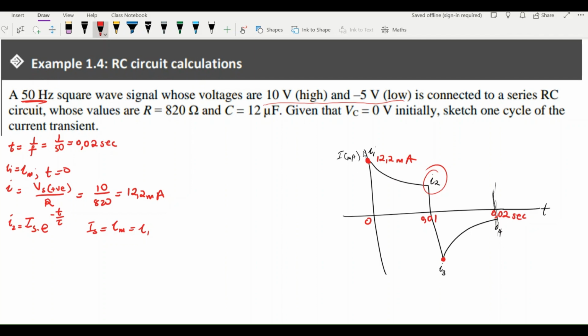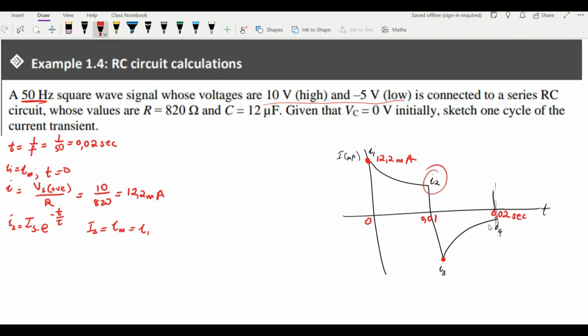That is our starting point. Remember, I1 is your starting point, maximum before going low. I3 would be your starting point, minimum before going high in that case.